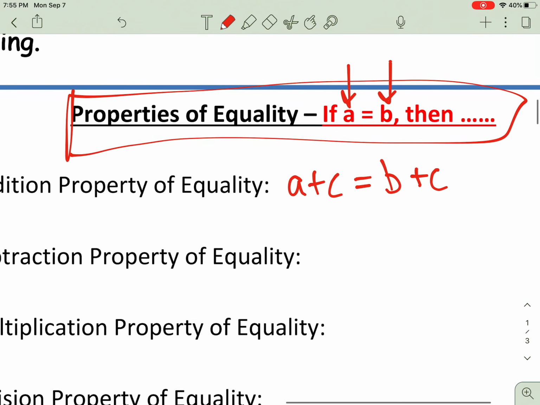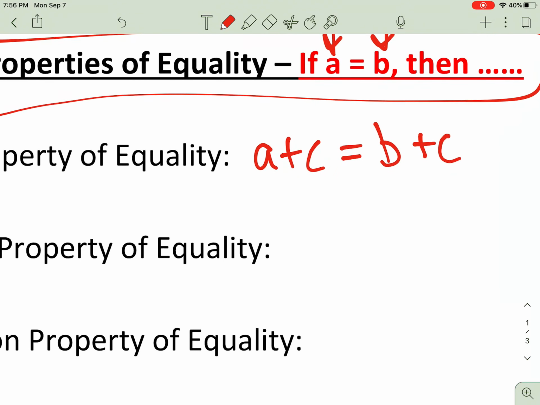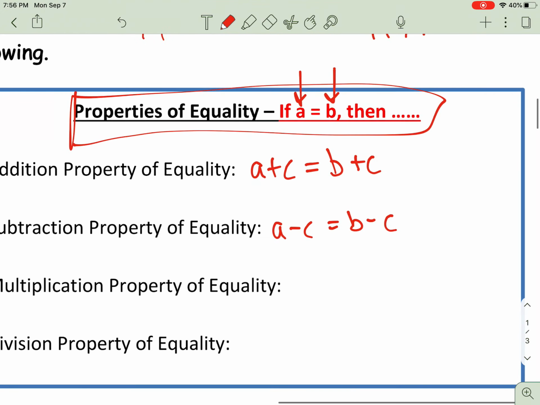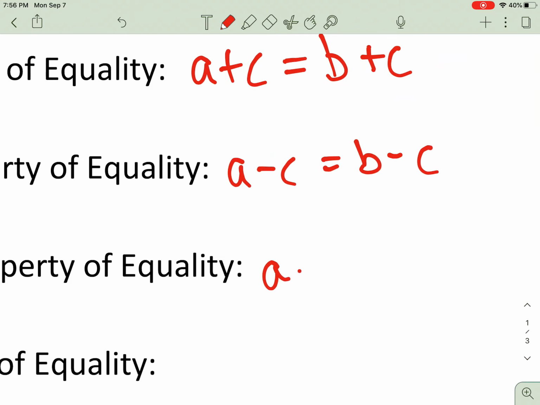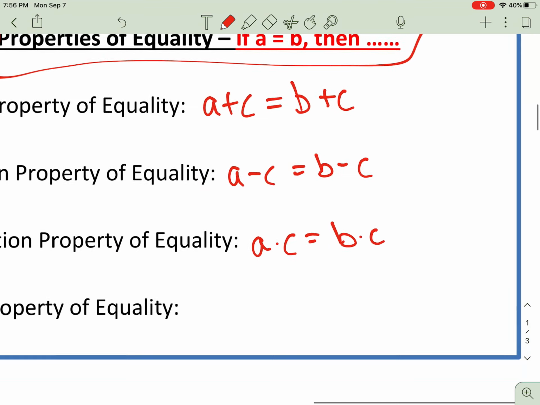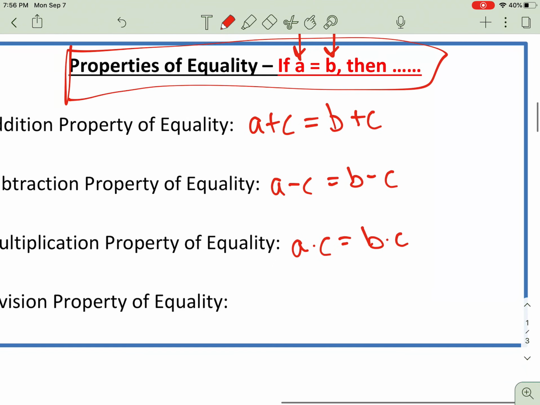So like we did above, we subtracted 14 from both sides. Same thing here, subtraction. So if I subtract it from A, I can also subtract it from B and it remains the same. Same thing for multiplication. If I'm multiplying it by A, I can also multiply it by C, as long as A and B are equal. Same thing with division.